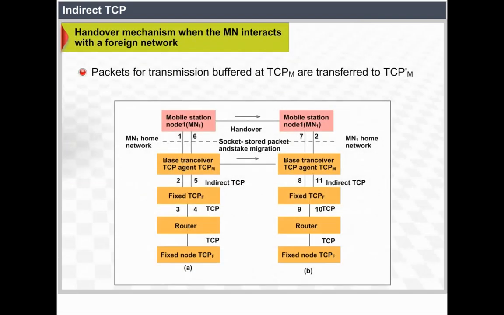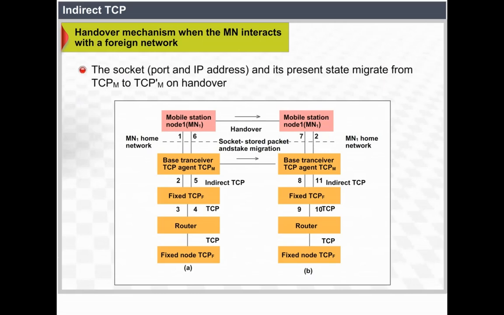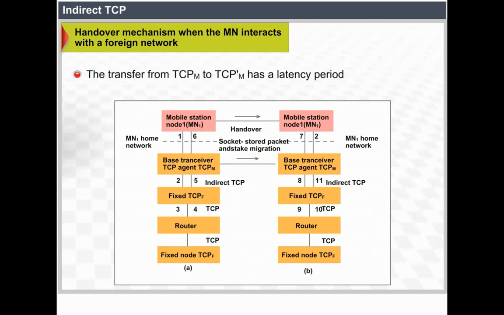Packets for transmission buffered at TCP-M are transferred to the new TCP-M. On handover, the socket, port and IP address and its present state migrate from the old TCP-M to the new TCP-M. The transfer from TCP-M to TCP-M has a latency period.